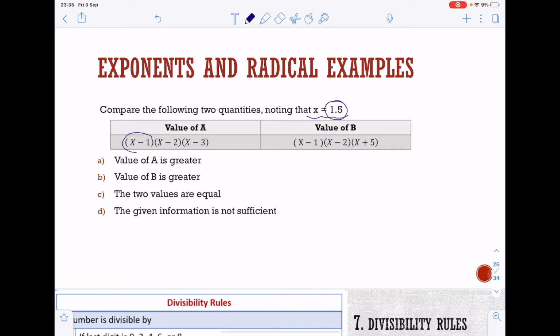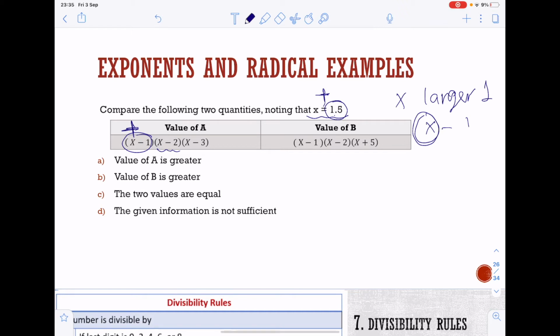If you subtract 1.5 from 1, x is larger than 1, so if we subtract x from 1, it would give me the sign of x, which is positive. Okay, so this would be positive.